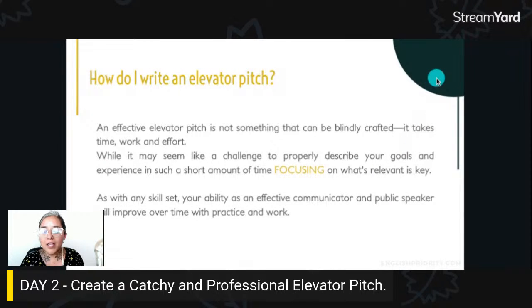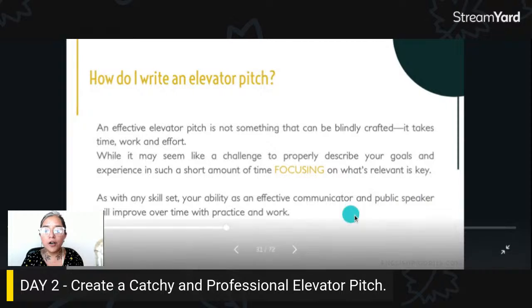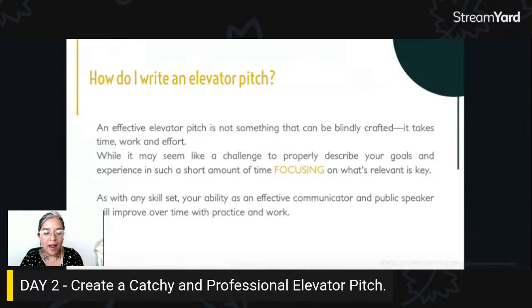Awesome. As with any skill set, your ability as an effective communicator and public speaker will improve over time with practice and work. Now, at the beginning, I didn't say my elevator pitch as easily and comfortably as I do now. Okay? I had to repeat it several times, and read it and reread it.